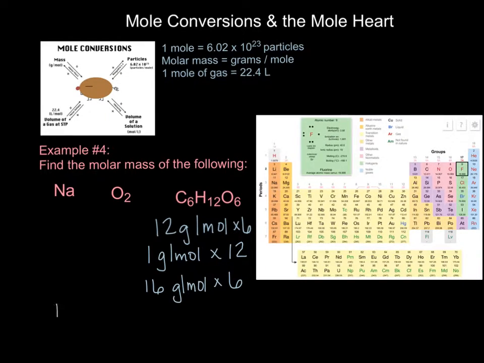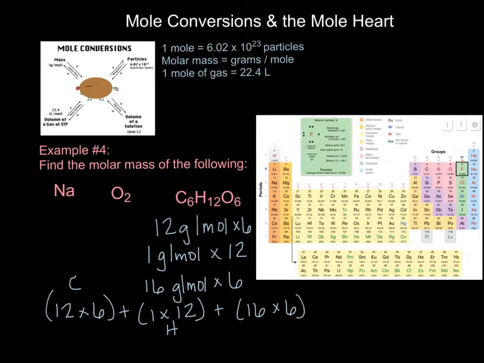So I have to take my 12 times my 6 for my carbon, plus my 1 times my 12 for my hydrogen, plus my 16 times my 6 for my oxygen, because I have to take the molar masses of each of the elements, multiply each by the number of atoms of that element that I have, and add them up to get my molar mass for my entire molecule.